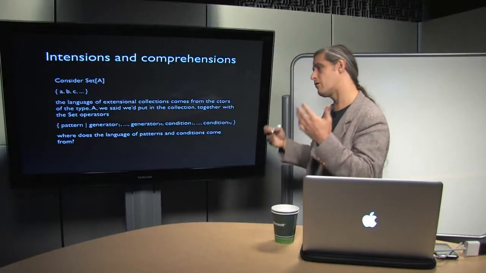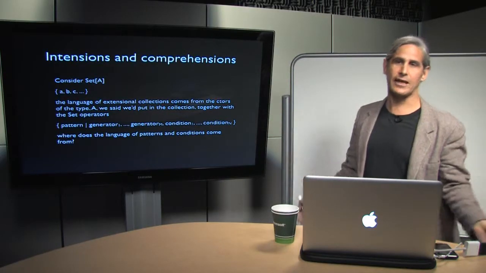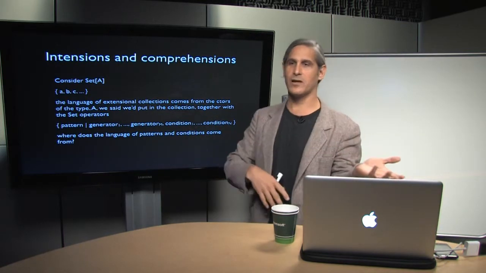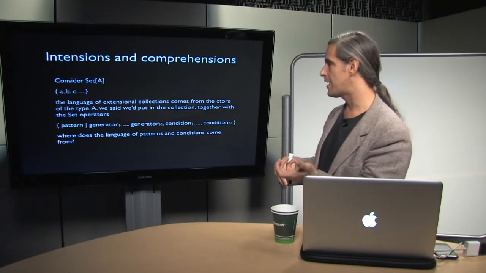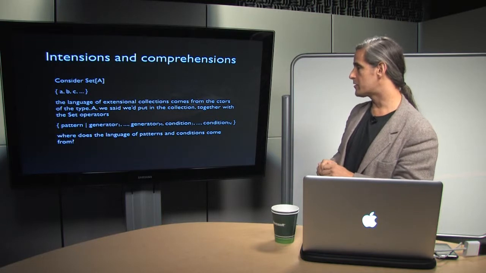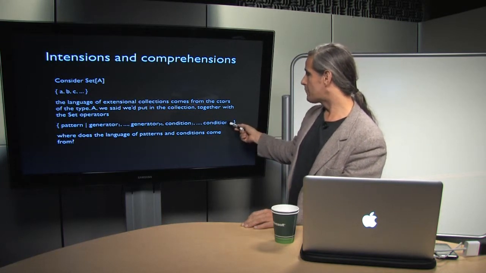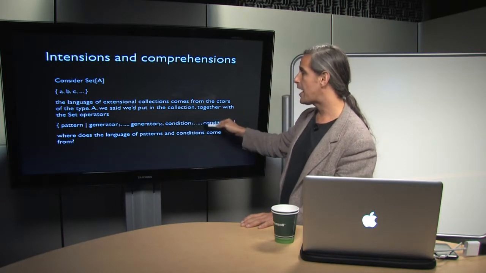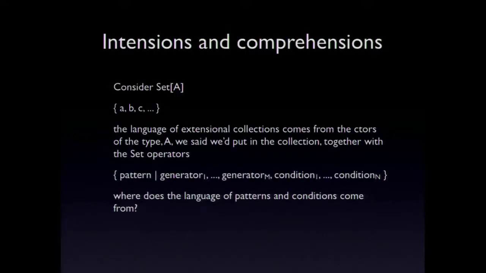Now, the average programmer says, well, it just comes from the ambient language. You embed your notion of comprehension in Scala, and you've got Scala. You embed it in C#, you've got C# syntax, or F#, etc. But there's an interesting point: is there any way in which this pattern language and this condition language can somehow be tied back directly to the original type over which we do our collections? So that's an interesting question.